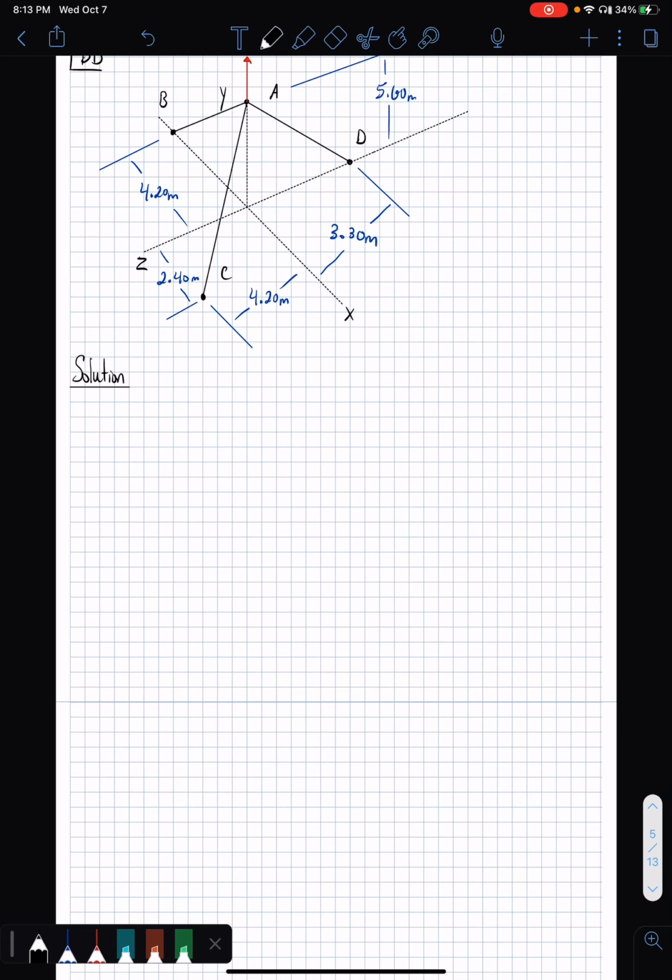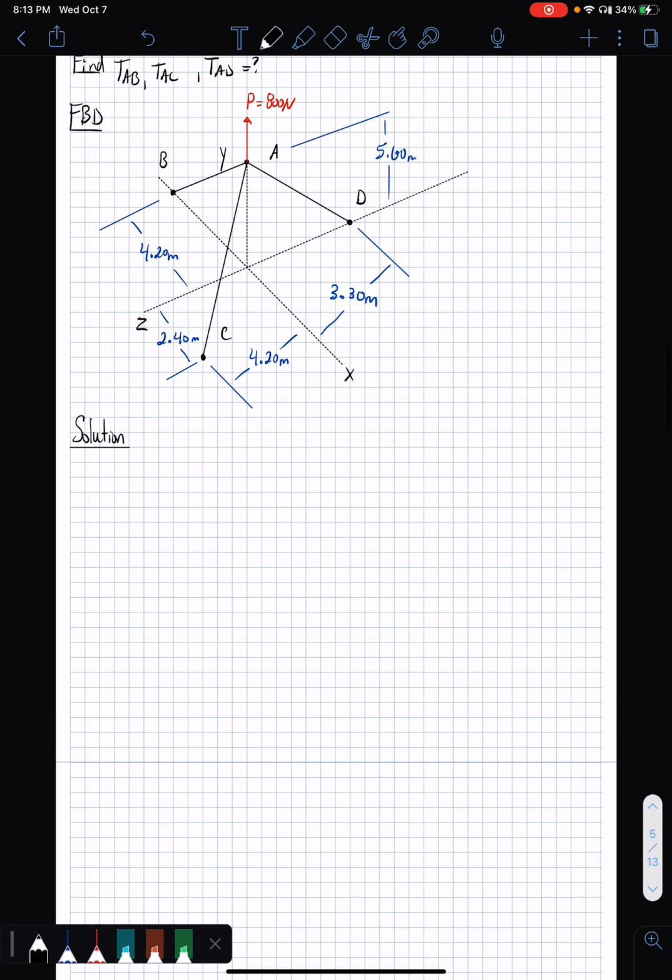The way I like to do it, I just start off going alphabetically, so I'm going to find tension AB first, which you need to break down into I, J, and K components.